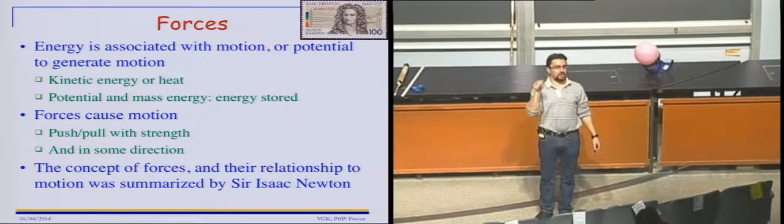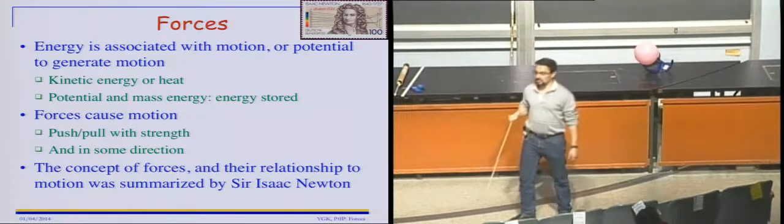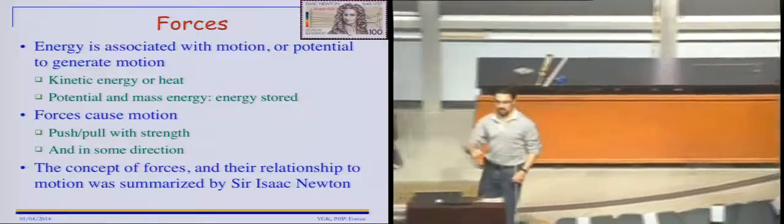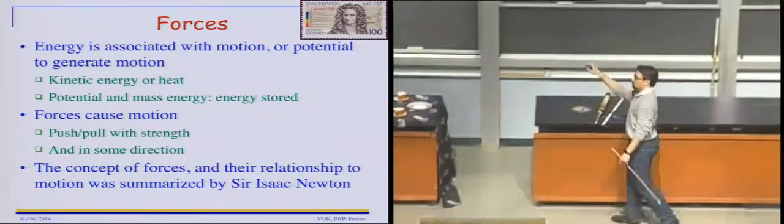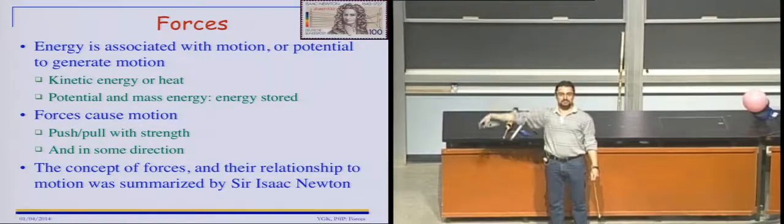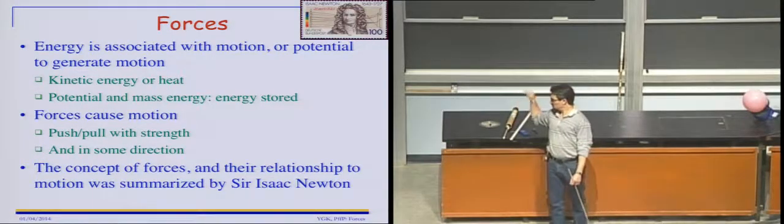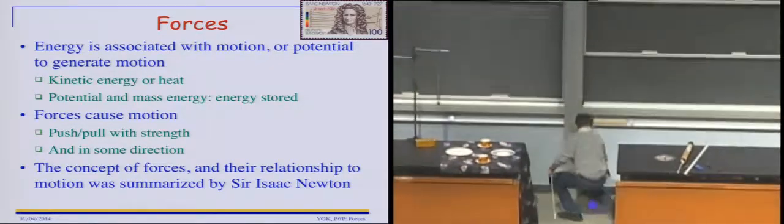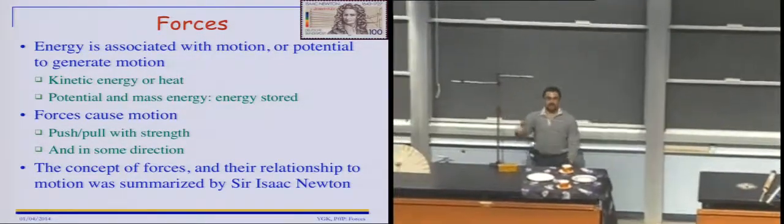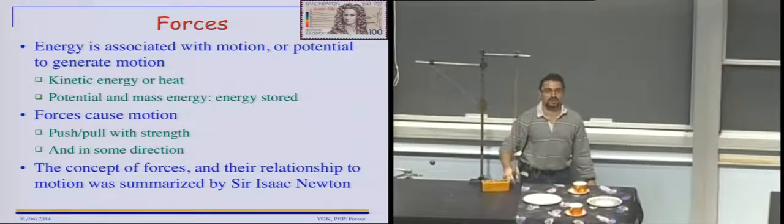Forces clearly have direction. I push or pull in some particular direction. If I want to throw a ball this way, I'll have to apply a force that way, like this. If I want to make this mass on a spring move, I apply force downwards.